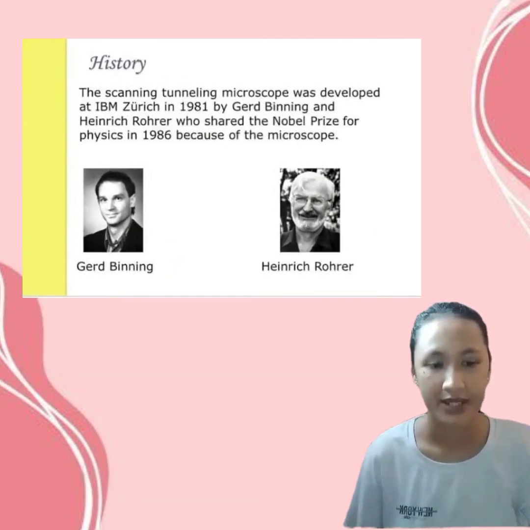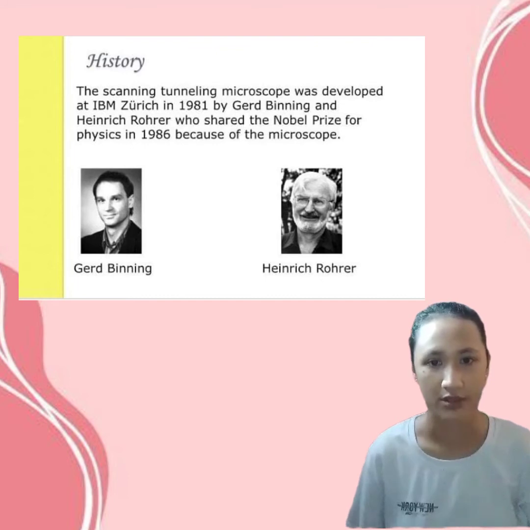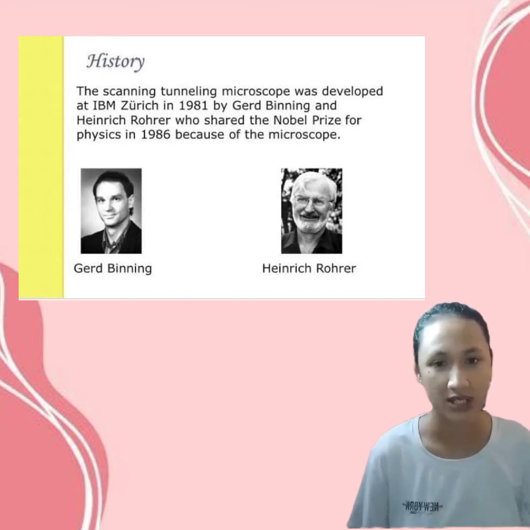Gerd Binnig and Heinrich Rohrer developed the scanning tunneling microscope in 1981. The scanning tunneling microscope is an instrument for imaging surfaces at the atomic level. They were awarded the Nobel Prize in Physics in 1986.